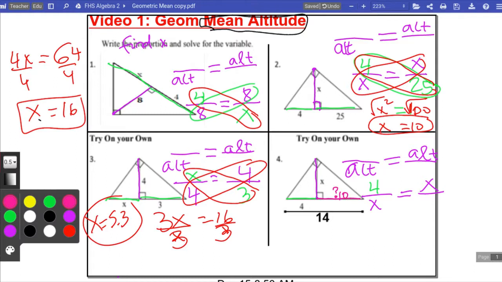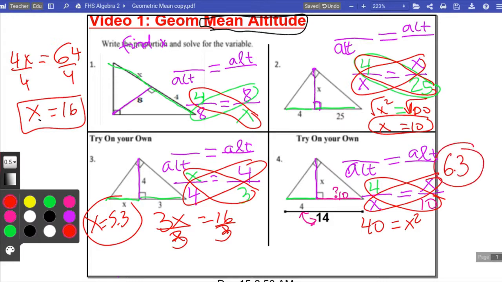How did I get 10? Just subtract this 2, you get 10. Multiply this, you get your 40. Multiply that, you get your x squared. So now, what is the square root of 40? It is 6.3. That's how you find x.